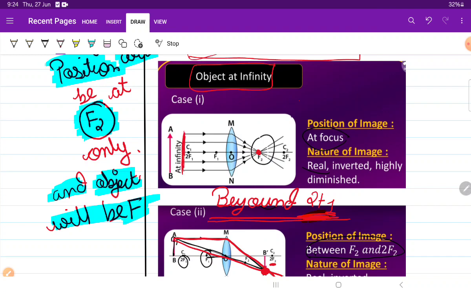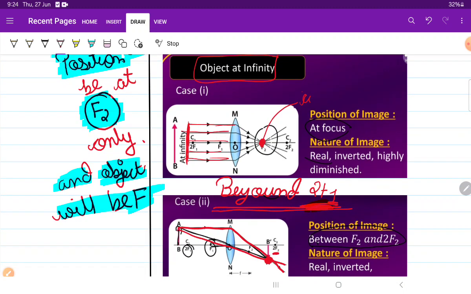Now let's put the object at infinity. All the rays are falling on the lens, and we have studied that all the rays will converge at one point.